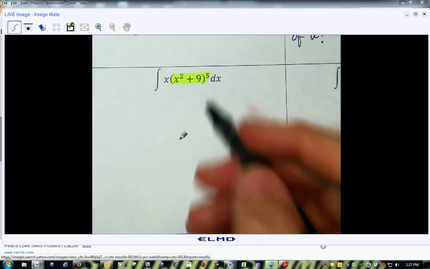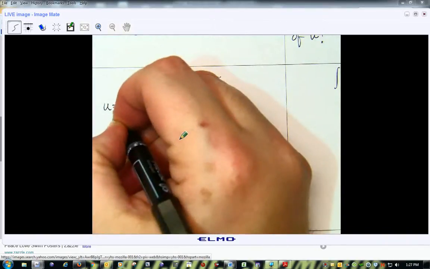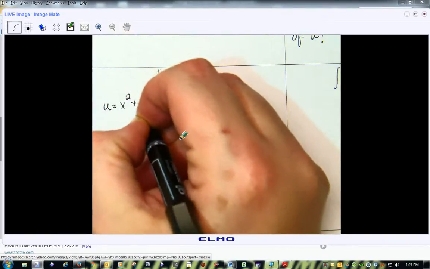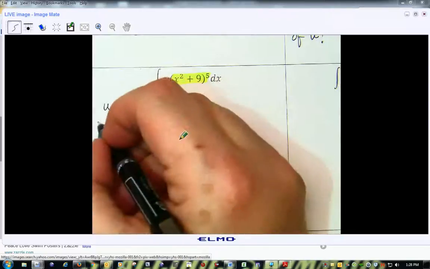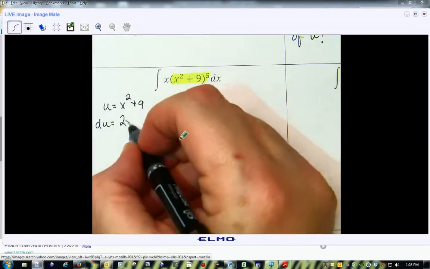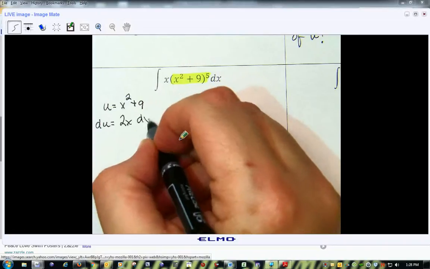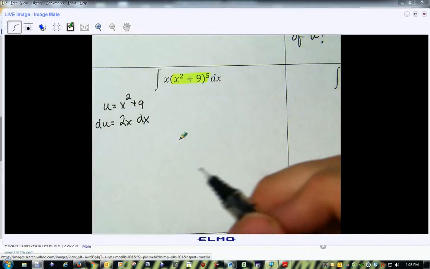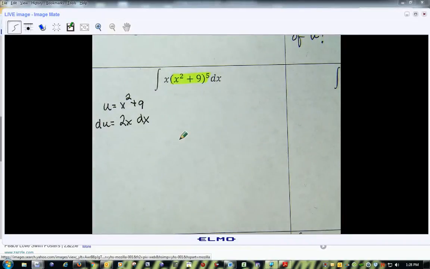So u in this case is going to be x squared plus 9. Du is going to be equal to 2x dx. Now, my next question is, where's my red pen?